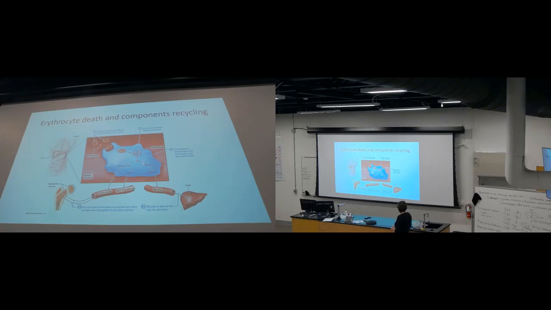Out of hemoglobin, you take away the heme and convert it into a pigment called bilirubin. The iron will be transported by transferrin so that you can make more red blood cells. And the amino acids from the globin are also going to be utilized again so that you can make more red blood cells. So that's the life cycle, or the recycling of the components of the red blood cell.